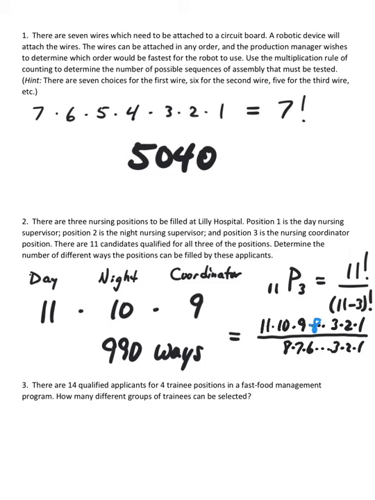Now, from 8 to 1, those will have the same value and cancel. What three numbers have not canceled? Absolutely, it's the same ones from where we had our list earlier, which is still going to be 990 ways.